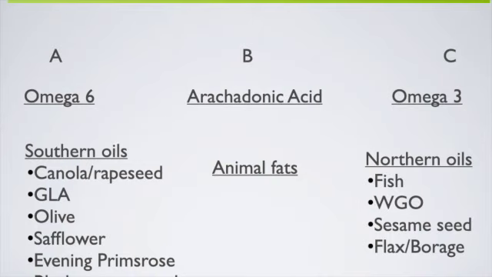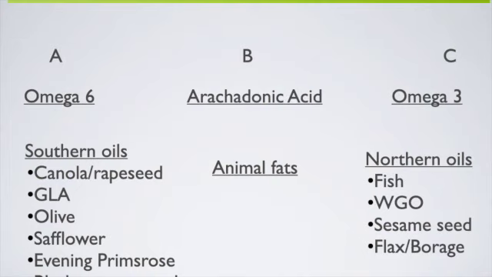Salmon, wheat germ oil, sesame seed oil, if you can tolerate it. I find some people don't tolerate it, I'm one of them, I don't tolerate sesame too well. But you can just experiment with that. Flax oil is good. Now, arachidonic acid is high in animal fats.